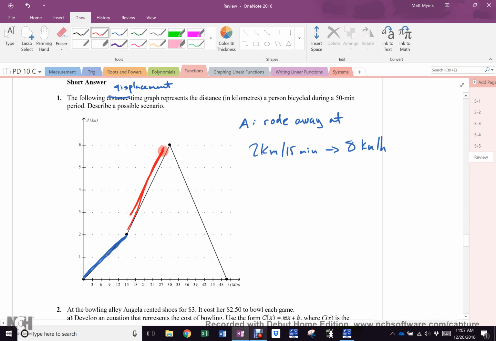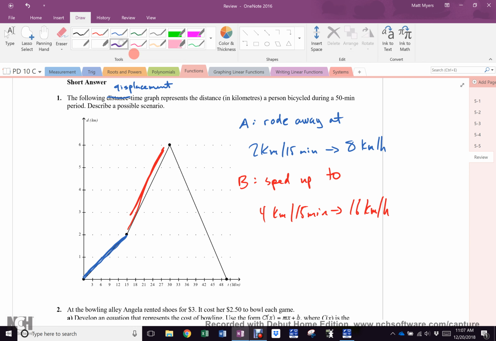B, in red here, sped up to 15 to 30 is another 15 minutes, and 2 to 6 sped up to 4 km in 15 minutes, which should have become, of course, 16 km/h.